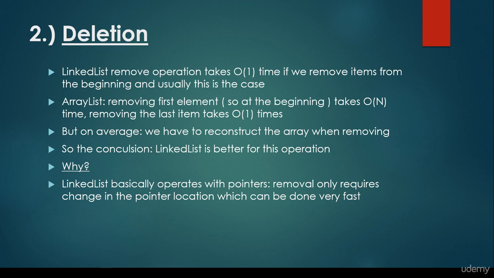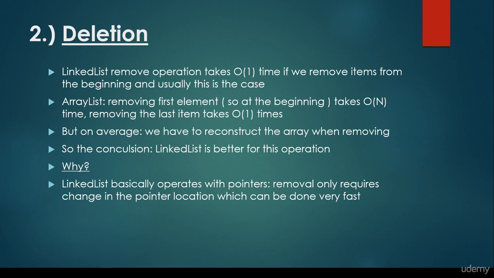So it's very important to see the difference: for arrays, it's very fast to manipulate the last items, whether it is about removing or inserting an item, but manipulating the beginning of the list is going to take O(n) linear time. For linked lists, manipulating the first item is going to take O(1), constant time complexity, so very fast, while manipulating the end of the list is going to take linear time complexity.